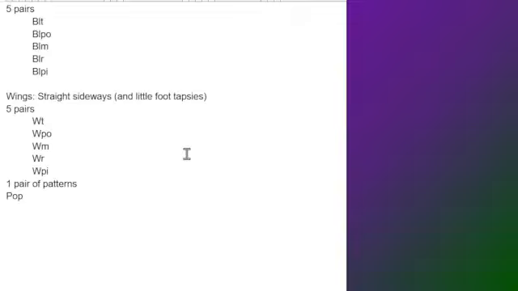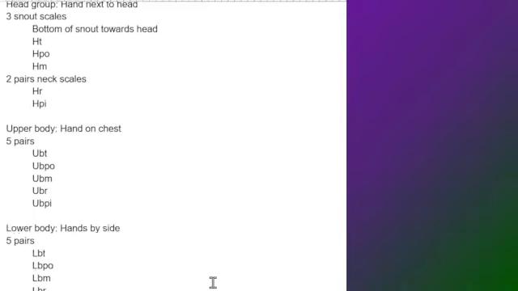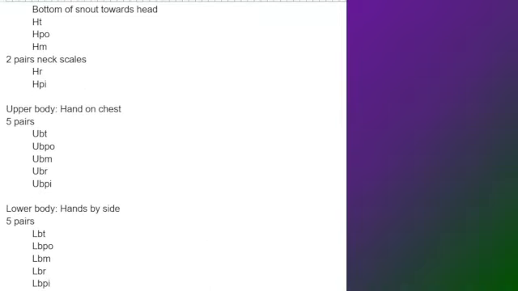So we need a way of doing rhythms because some of this will rely on rhythms.